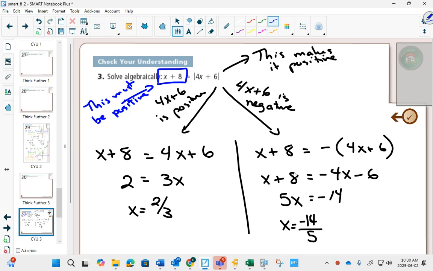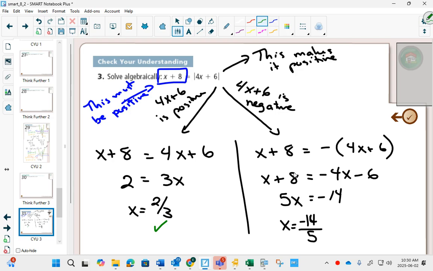If x is positive 2/3, is 2/3 plus 8 a positive number? Yes. I'm just doing a double check. If I really wanted to double check thoroughly, I'd plug in 2/3 and see, does it work out perfectly? But right now, I'm just checking to see if it's positive.